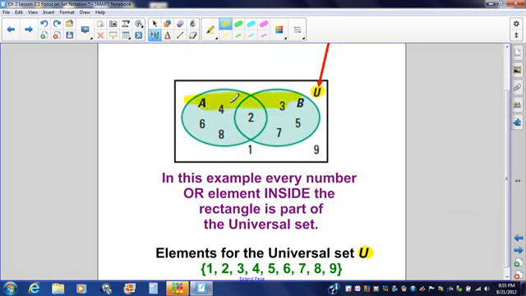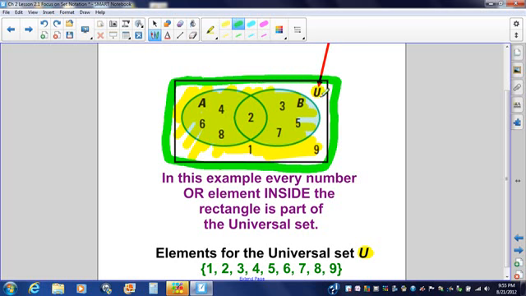So if I highlight all of this in yellow, notice that 1, 2, 4, 6, 8, 3, 7, 5, and 9 are all inside this box or rectangle.